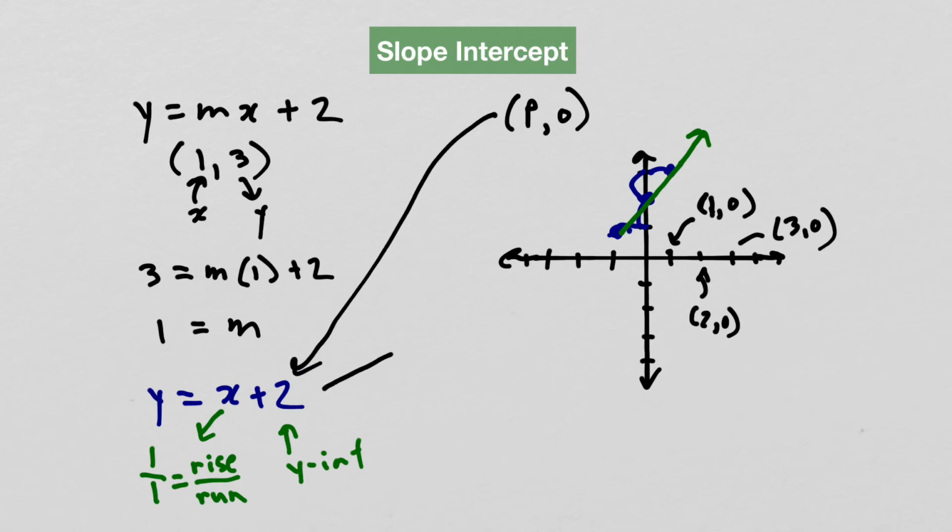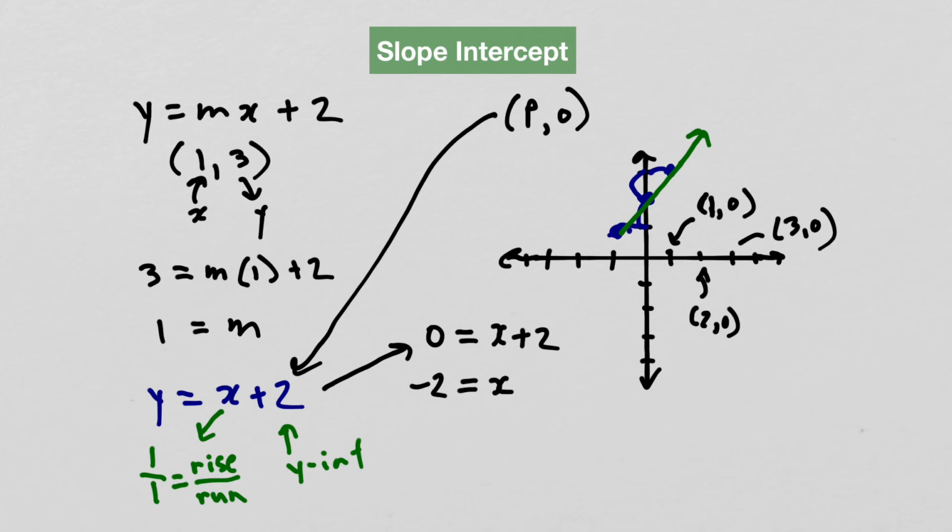So then what we get is 0 for y is equal to x plus 2, where x is what we're going to solve for. So 0 equals x plus 2. If we solve for x, we need to subtract 2 from both sides, and we get x is equal to negative 2.